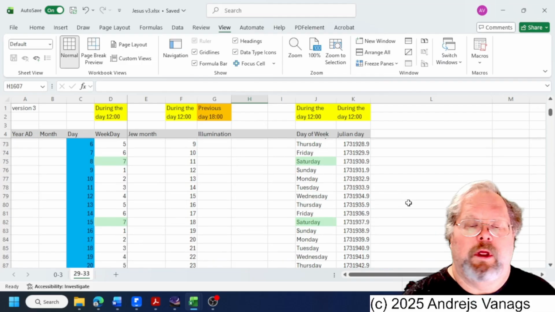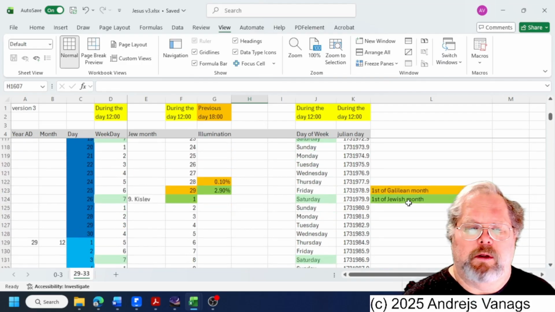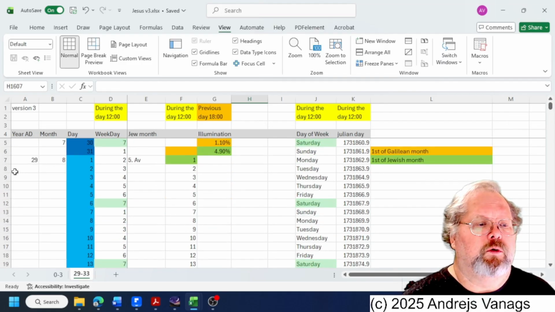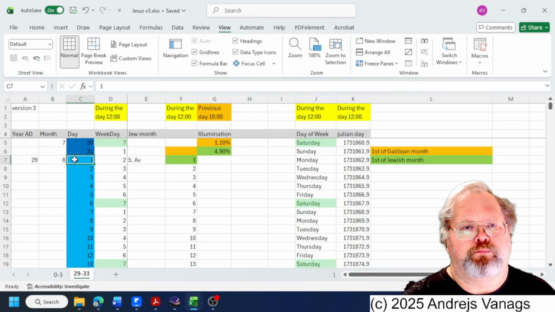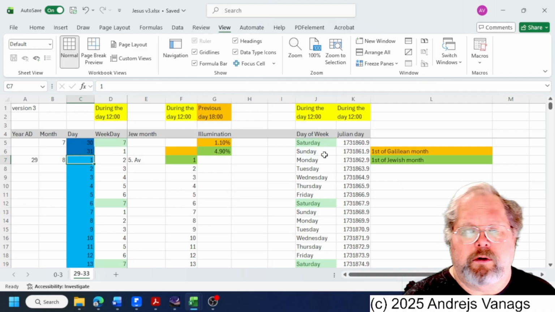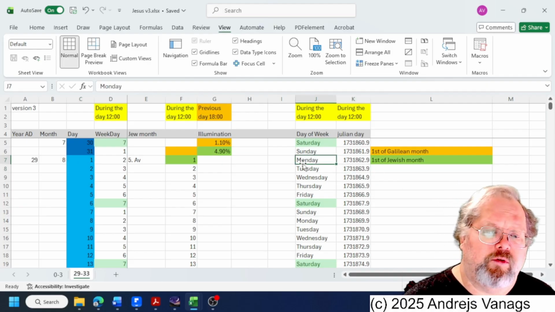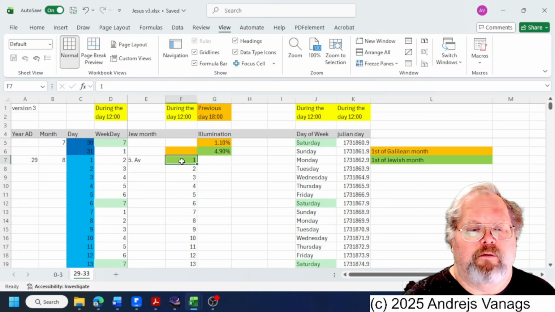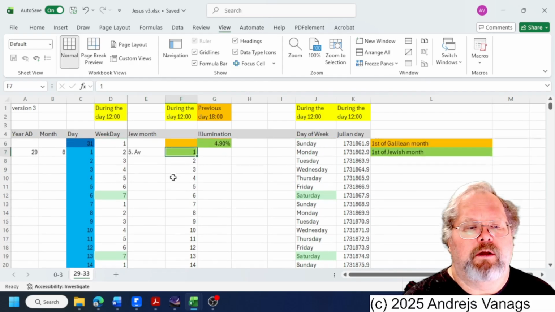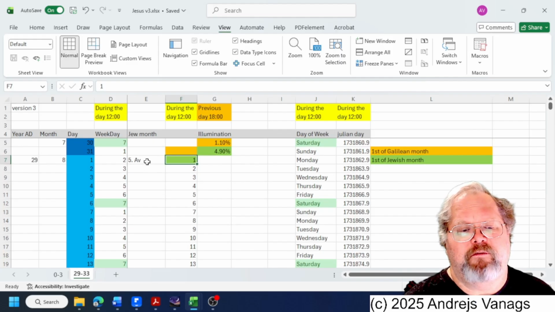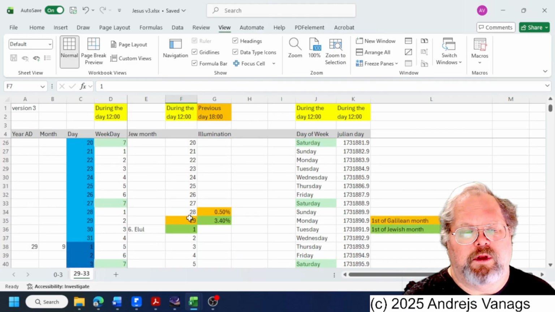So after a lot of effort, we have a calendar where we have the year, the month, and the day of the Julian calendar. We have Julian day, we have the days of the week, and we also have the Jewish months. This will be the fifth month of Av, 29 days.